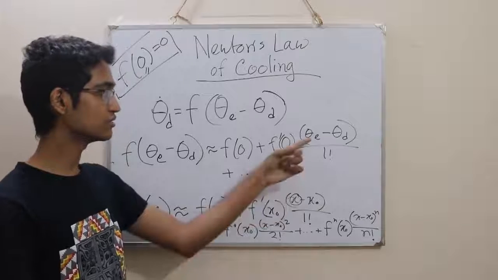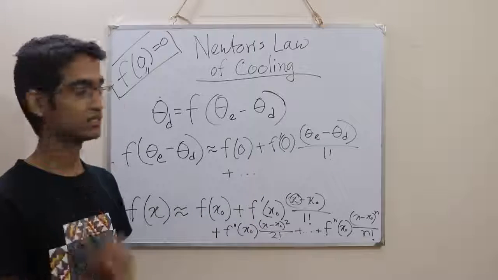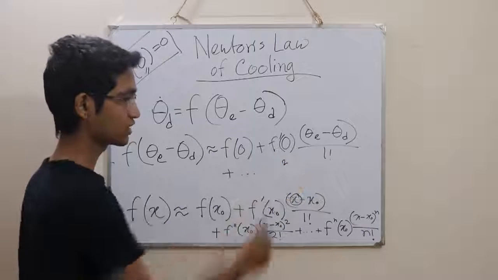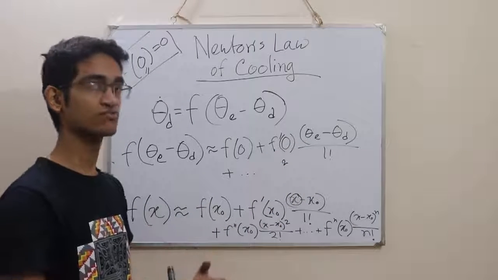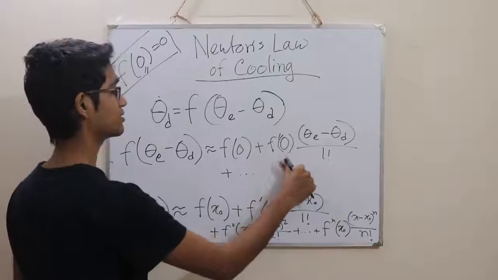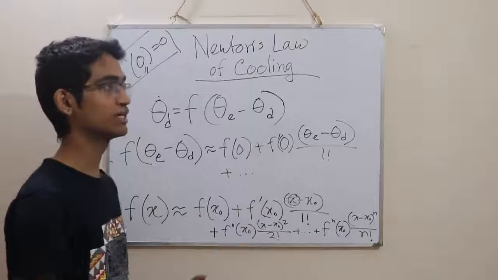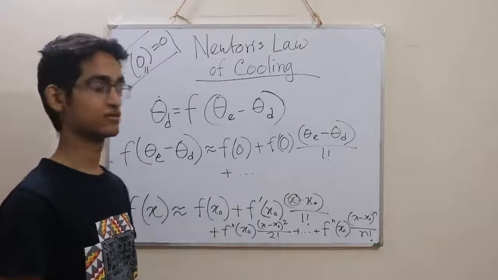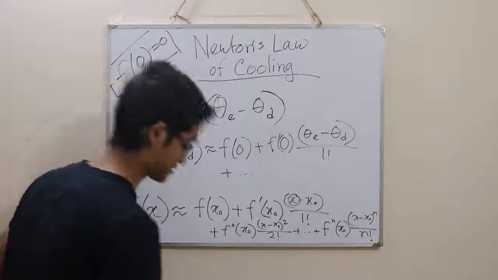And if it is lower than 1, then on the next term, when we are squaring it, its value will be so small that all of these will be irrelevant. So what we are doing here is only taking the first two terms of the Taylor expansion and ignoring all of the rest.